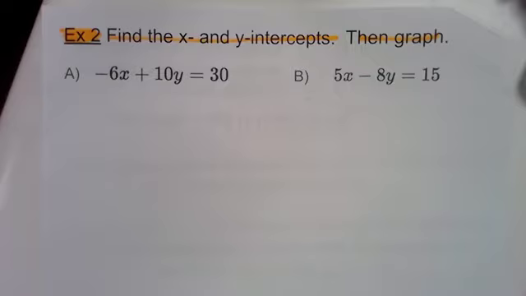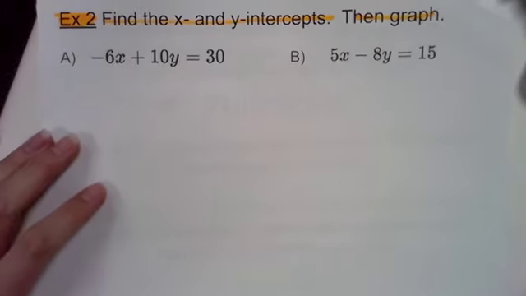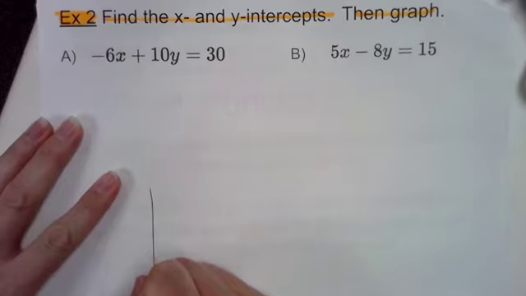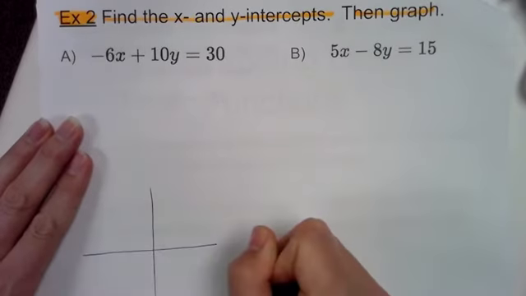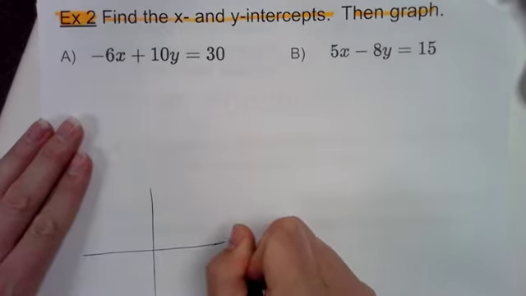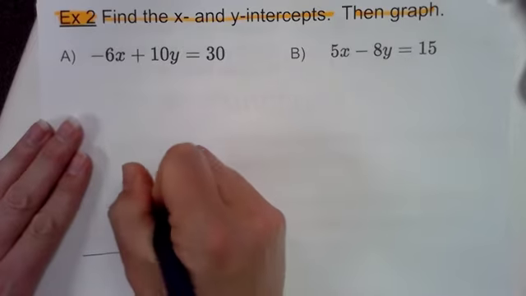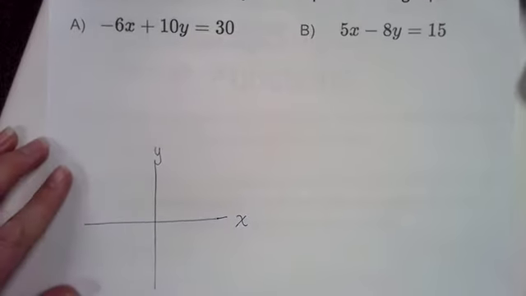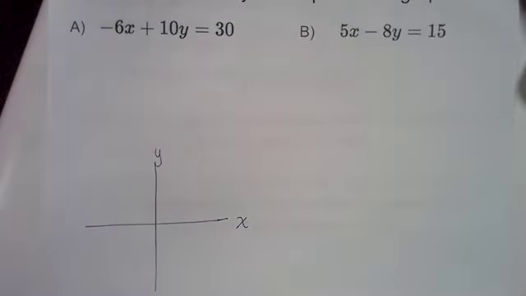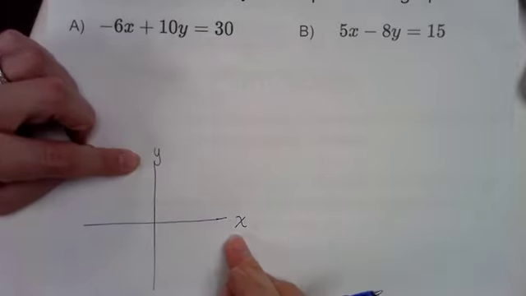This equation has x's and y's. All the equations we had before just had x's in them, but this has x and y's. And the reason it has x's and y's is so that we can graph it on a coordinate plane where we have an x-axis and a y-axis. So it's really important to notice those kinds of things. If it has an x and a y, we can put it on an x and a y axis.